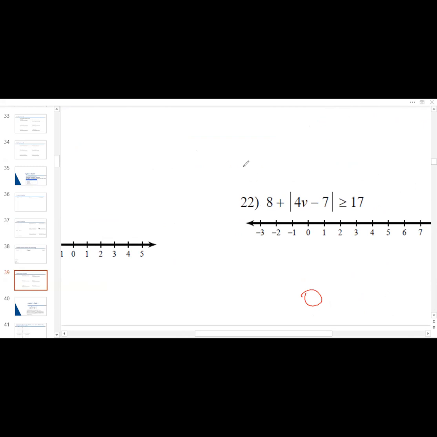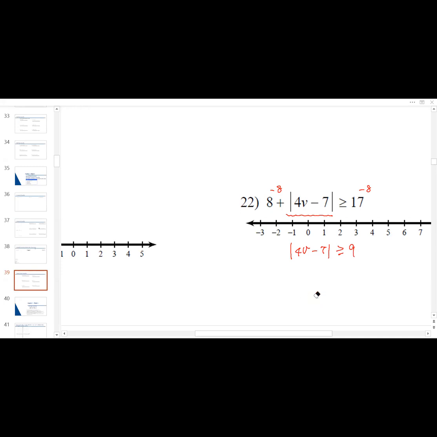Like this one. What do we need to do with this one, containing absolute value? Firstly, we want to keep the absolute value on one side. So we want to move the 8 to the right side, so both sides minus 8. So you can get absolute value of 4v minus 7 greater or equal than 9.